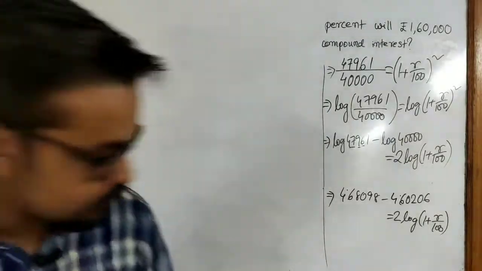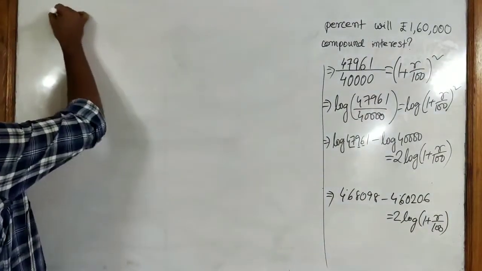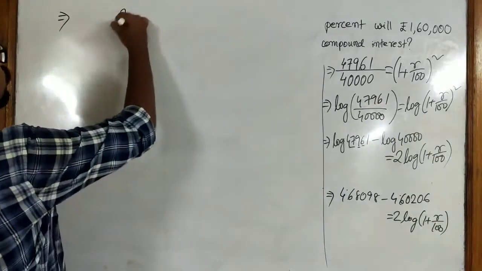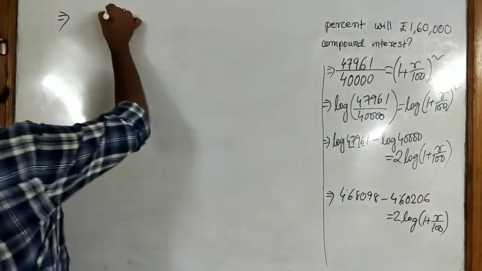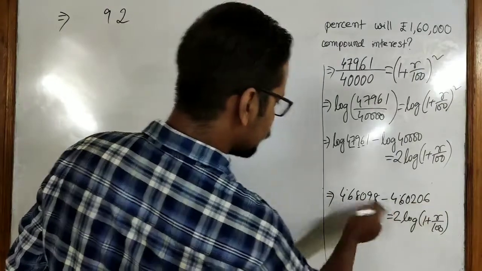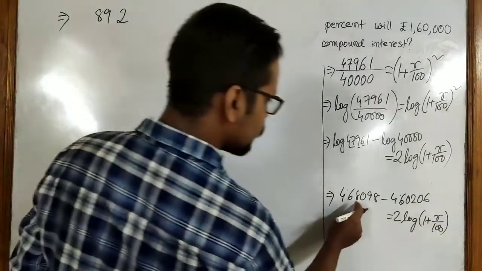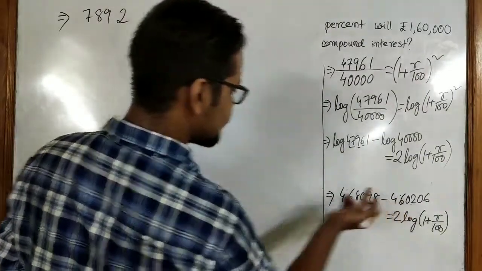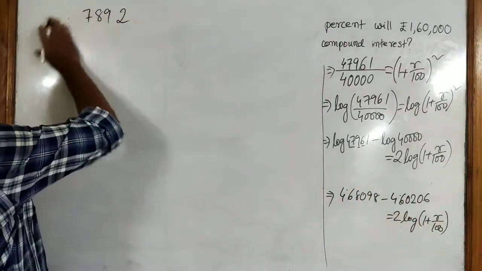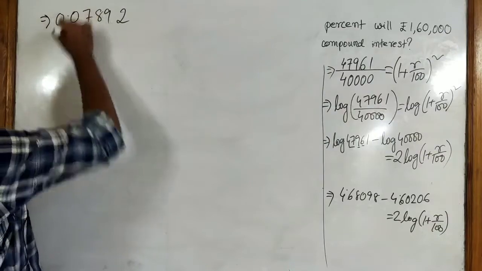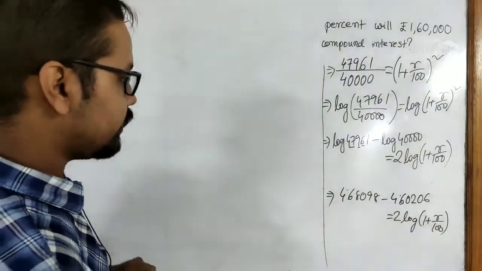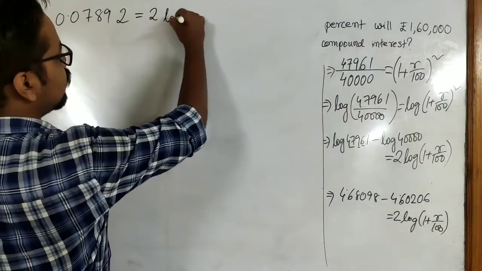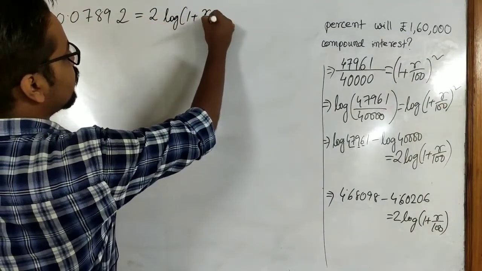Now if we subtract, what we get from here is 8 minus 6 as 2, 9 minus 0 as 9, we have 0 and 2, so it is going to be 8. This turns out to be 7 and it remains 7. This is 6 minus 6, it's 0, so we have 0.07892, and there we have 2 log (1 plus R by 100).